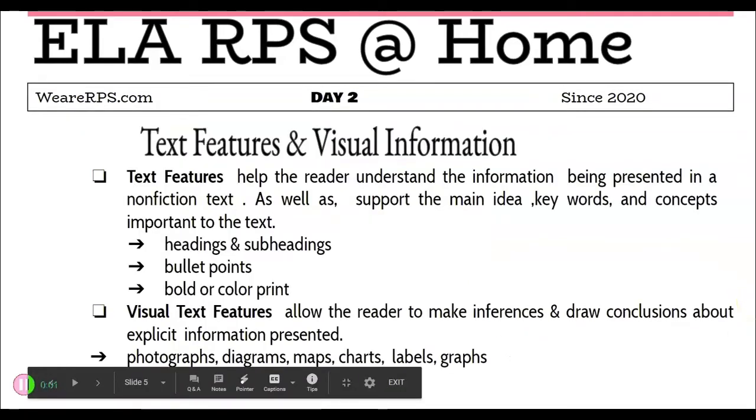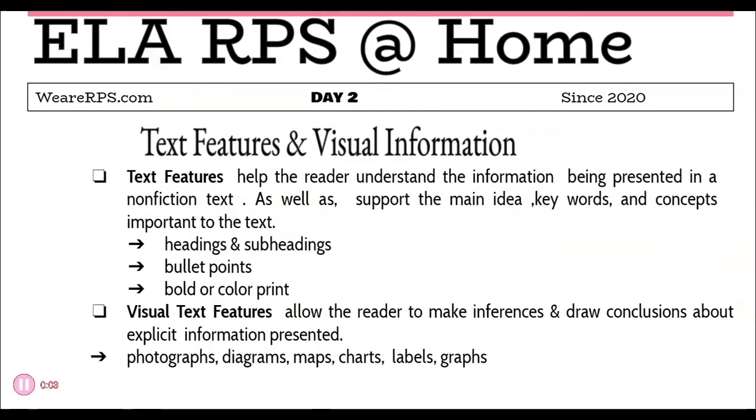So remember, today our focus is on text features and visual information. Text features help the reader understand the information being presented in a nonfiction text, as well as support the main idea, keywords, and concepts important to the text. Examples of text features include headings and subheadings, bullet points, bold or color print.